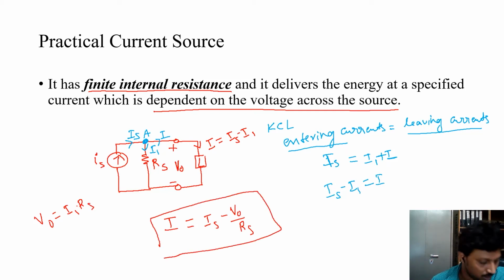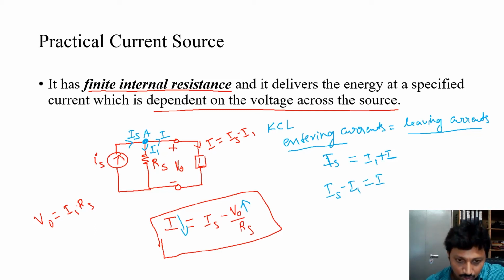So what happened? If this voltage increases, the current flowing through the load will decrease. If the voltage drop is increased, the current flowing through the load will decrease. Why?